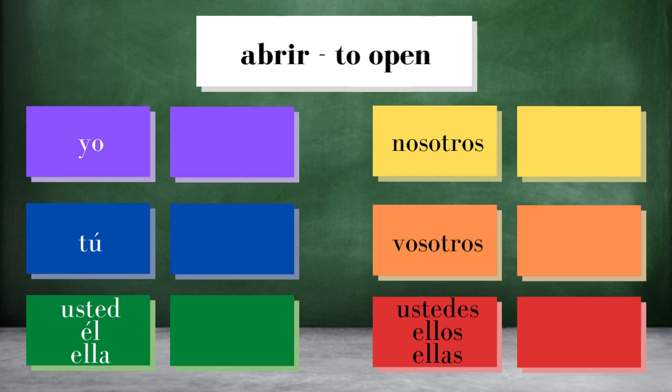All right, let's go ahead and practice conjugating the verb abrir in the preterite tense. ¿Cómo se dice I opened? Abrí. Excelente. Did you remember to put an accent on the I? ¿Cómo se dice you opened?